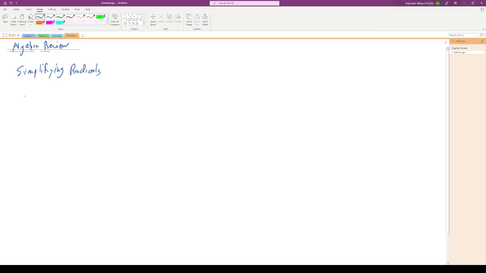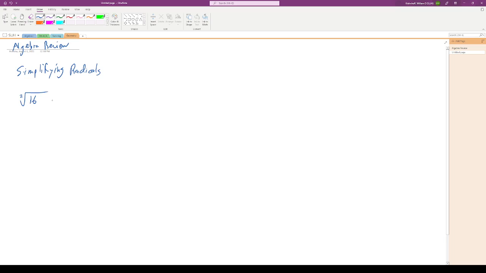For simplifying radicals, remember that a radical is this symbol here that we think of as a square root. It doesn't have to be a square root though. When we draw a radical, it's assumed to have an index value of 2, meaning that it is the second root or the square root of whatever number is inside of here. So if I have 16 in here, I'm looking for what number to this power equals 16.